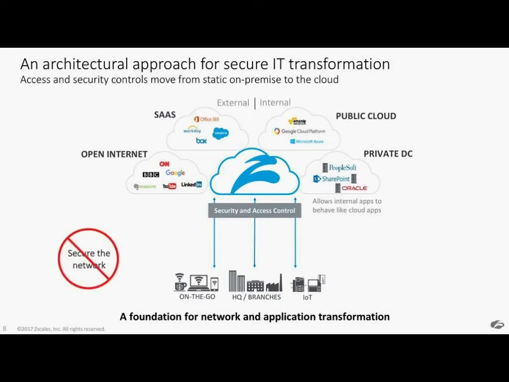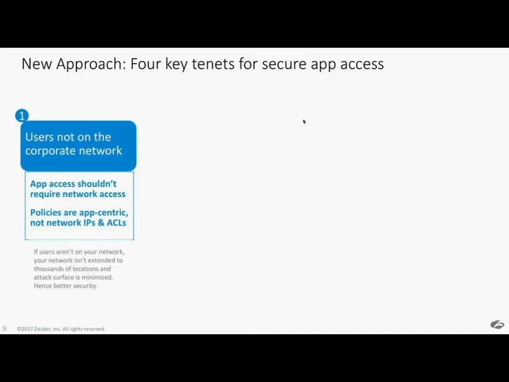So there's no longer a need to secure the network because the network becomes irrelevant. What we're looking at is a secure policy-based access, controlling what the user can access, where the user is able to access that from, and on which devices they're accessing it from. So the approach, the four tenets of this are: the user is not on the corporate network. The application shouldn't require access.